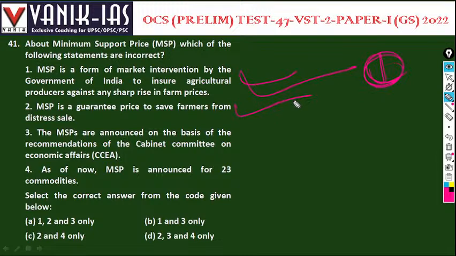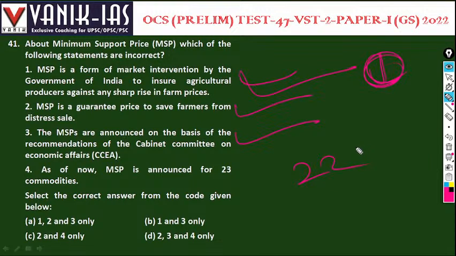MSP is announced on the basis of recommendation by the Cabinet Committee on Economic Affairs. As of now, MSP is announced for 23 commodities. Here it is 22 commodities.